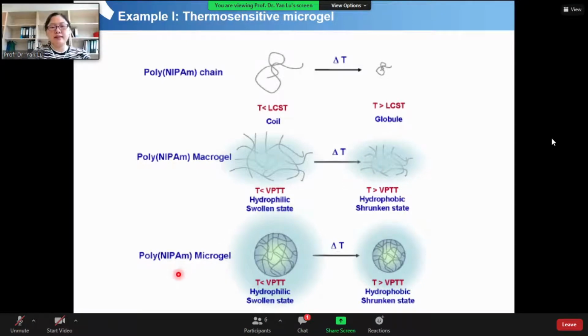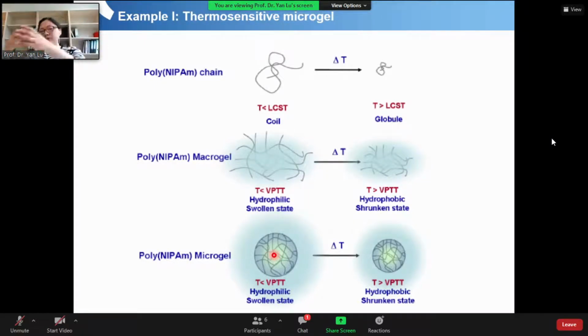And similarly, you can have a network in the form of a microgel, which means it's in a size around 100 nanometers to the micrometer range, so it's called a microgel. In that case, when the temperature is lower than the phase transition temperature, we have a swollen particle, a hydrophilic swollen particle.